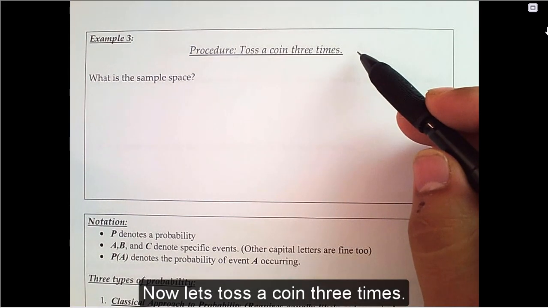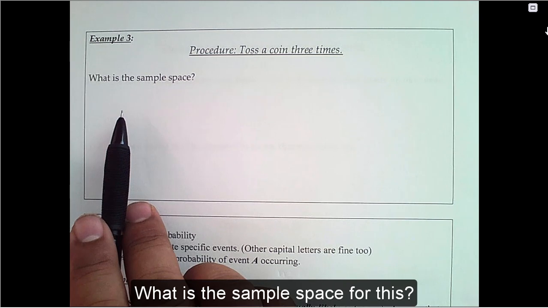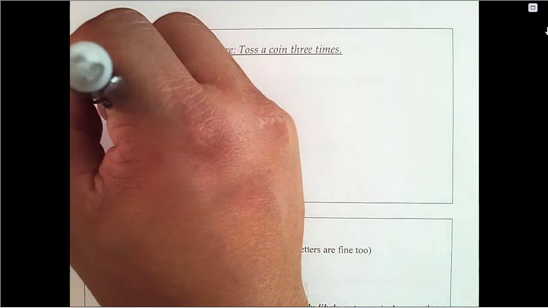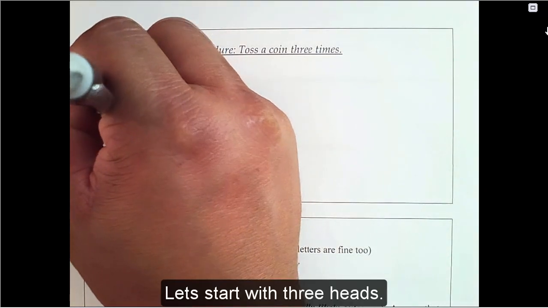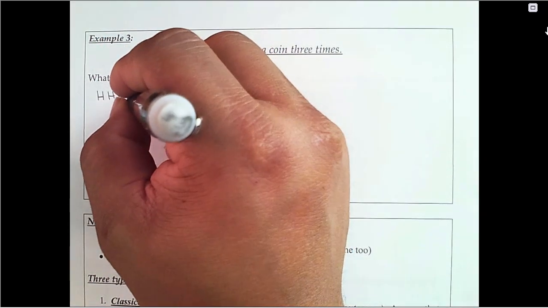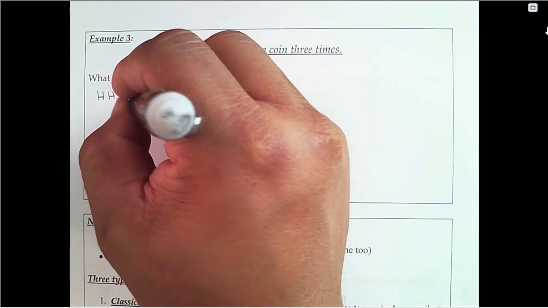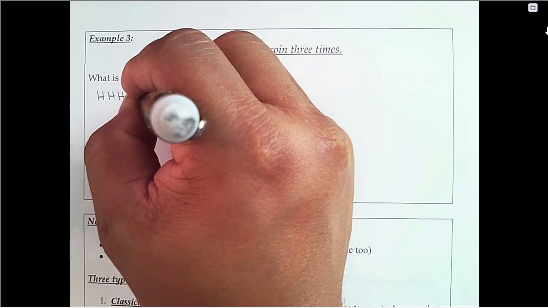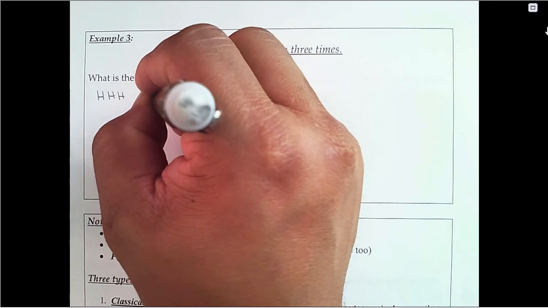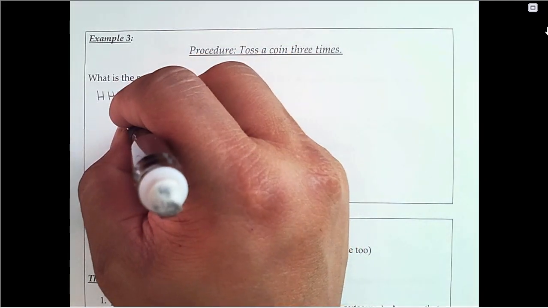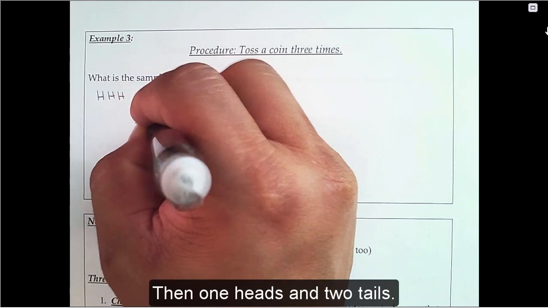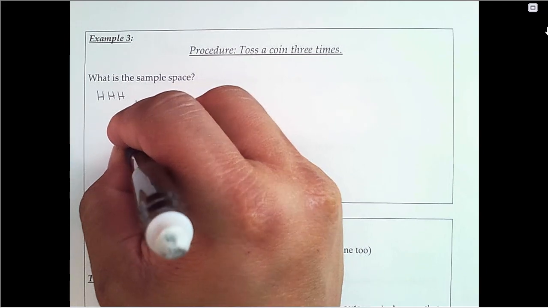Now let's toss a coin 3 times. What is the sample space for this? Let's start with 3 heads. Then 1 heads and 2 tails.